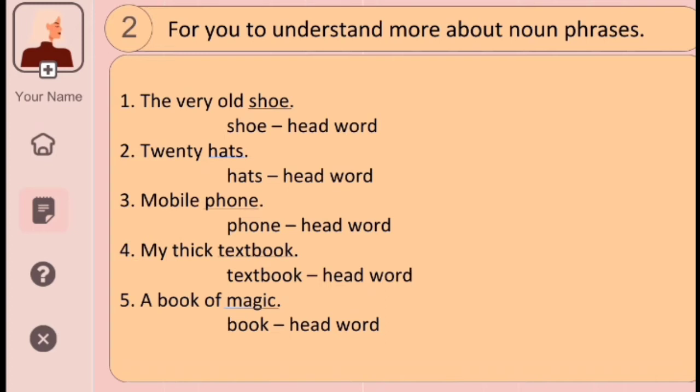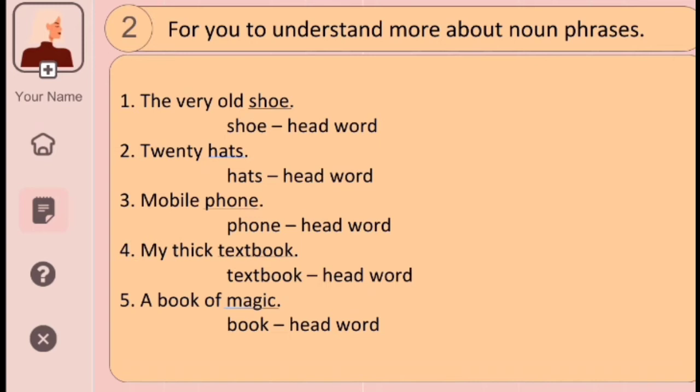Well, a very old shoe. So shoe is the head of the phrase and shoe is a noun. Just a side note here, very is not directly pointing to the shoe but rather to old, which is pointing to shoe. So it's still part of the whole noun phrase.